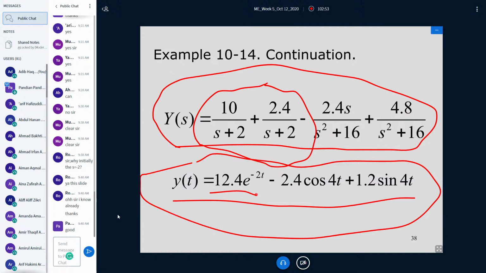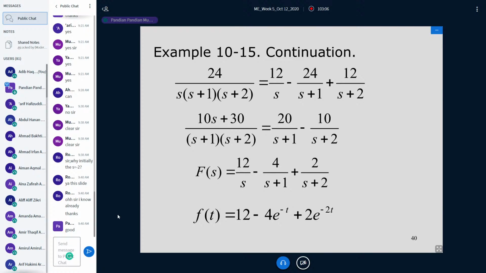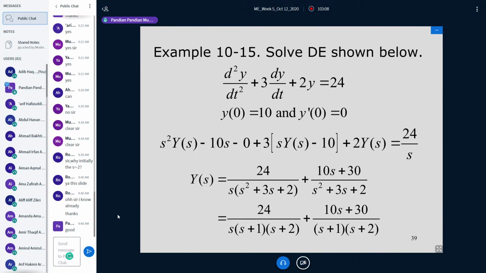Okay, the last one is this one. This one, class. Very interesting one, class.